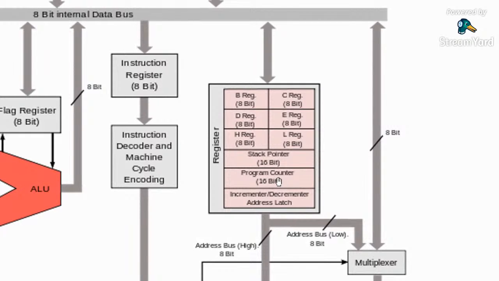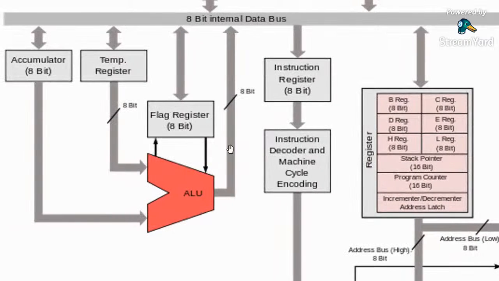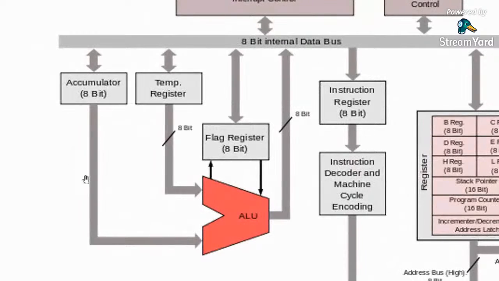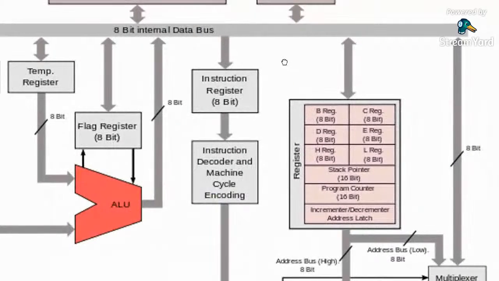So we have a program counter, as I said previously, 16-bit because it holds the memory address. And B, C, D, E, H and L are 8-bit registers, and the data will be transferred in the internal data bus. So the internal data bus is actually the medium, and this big block right here is responsible for the logic and arithmetic operations.